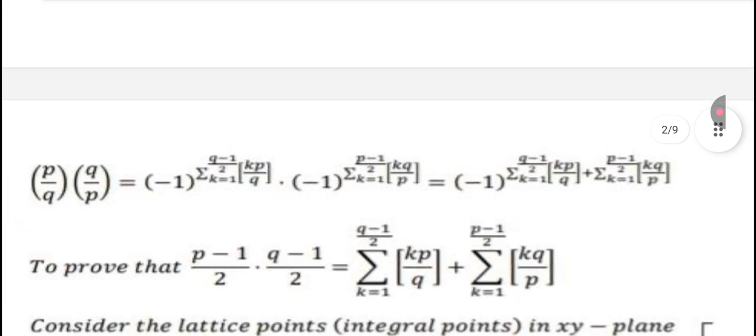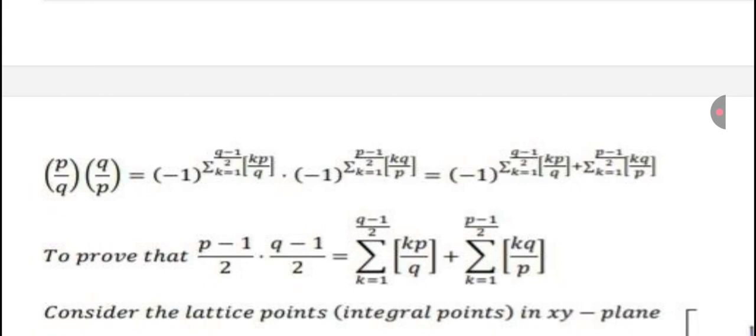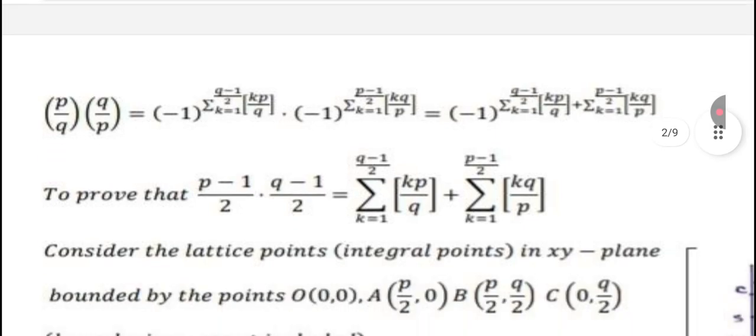So we are going to prove that the power p minus 1 by 2 into q minus 1 by 2 is equal to summation integral part of kp by q plus summation integral part of kq by p. In the first summation, k running from 1 to q minus 1 by 2. In the second summation, k runs from 1 to p minus 1 by 2.